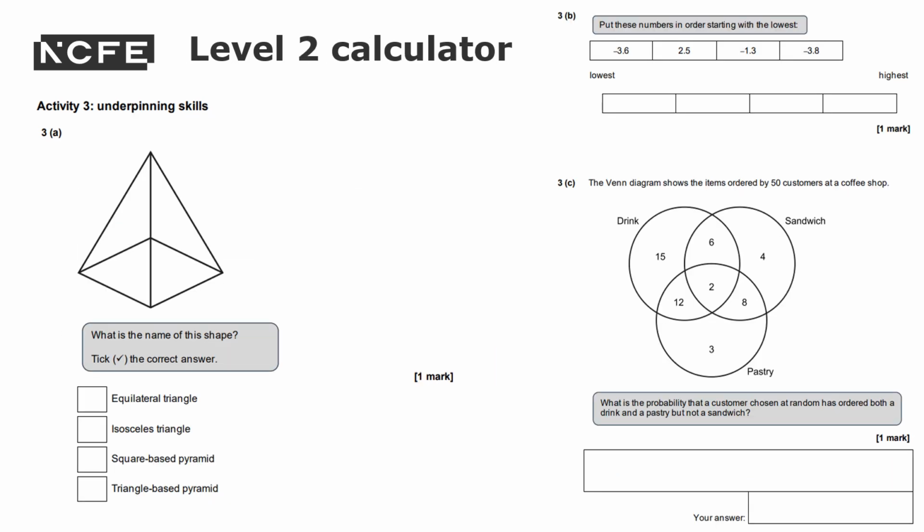At level 2, we have some examples here from the calculator section. So 3a, we're looking at underpinning skills. We don't need a context. It's simply what's the name of the shape. Tick the correct answer. For 3b, again, no real context needed. Put these numbers in order starting from the lowest.